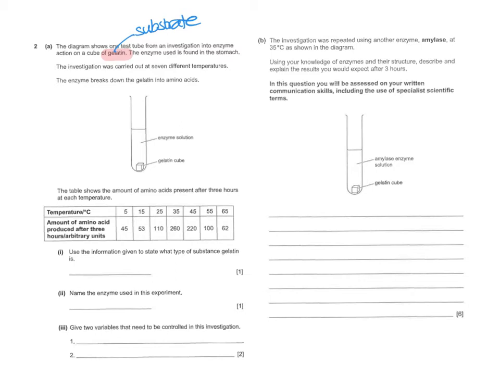And it tells us later on that gelatin is broken down by the enzyme into amino acids. So what do you know that is made up of amino acids? Well, protein. So you know that gelatin is a protein. It's actually the protein that makes jelly. Okay. And so then you can also work out that the enzyme must be protease.